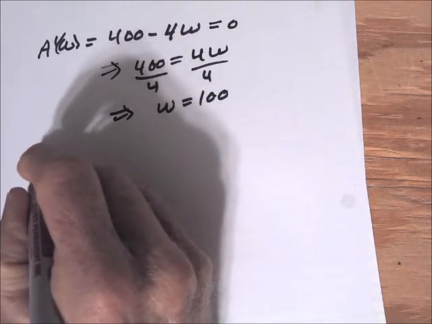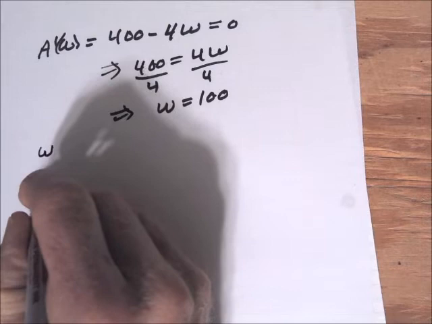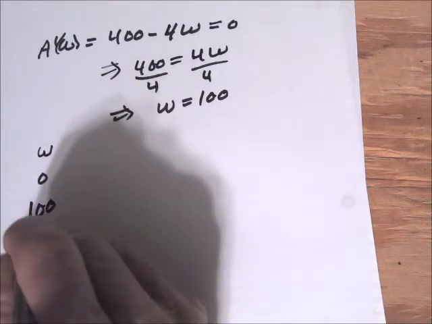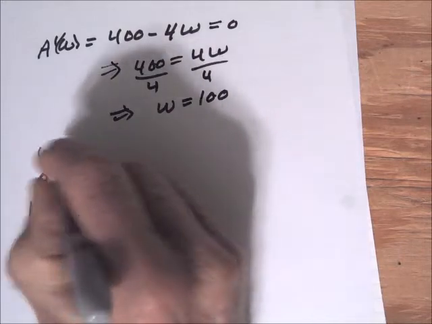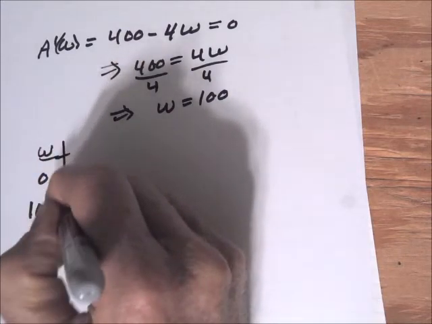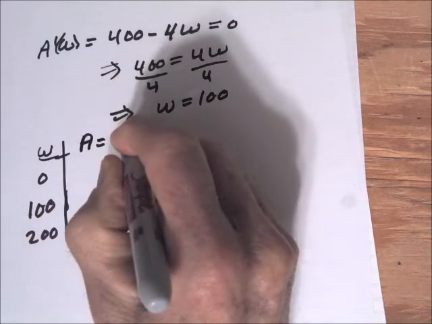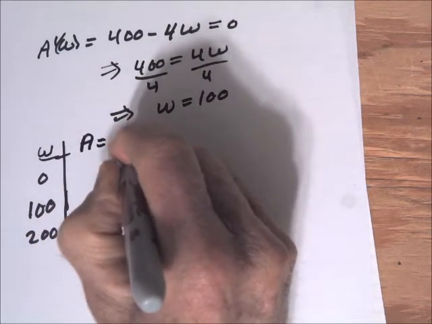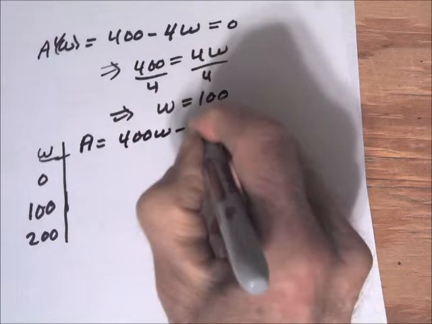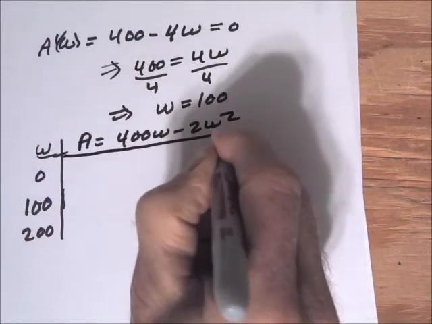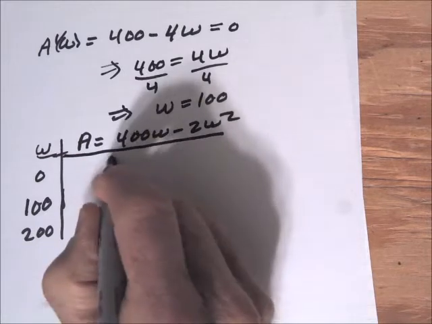So we evaluate the area for W equal to each of those values. Area is equal to 400W minus 2W squared. If you put in 0 here, we get 0.